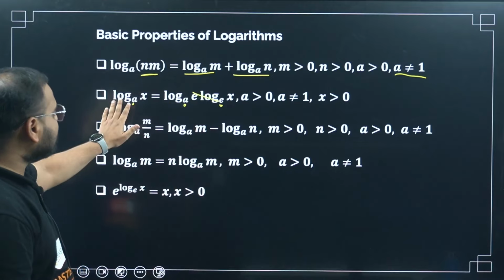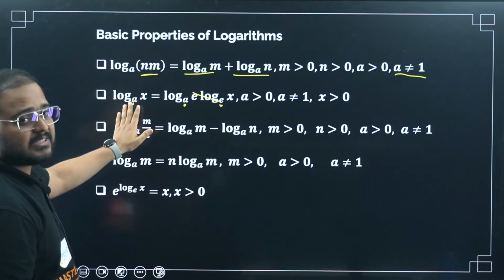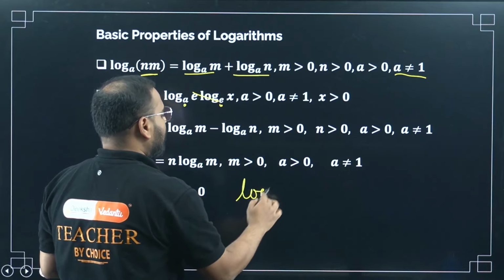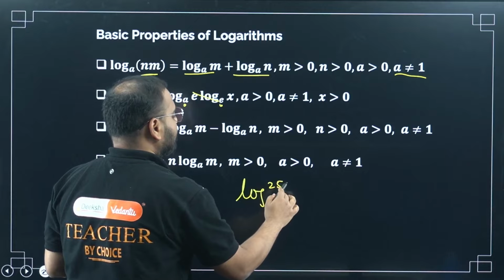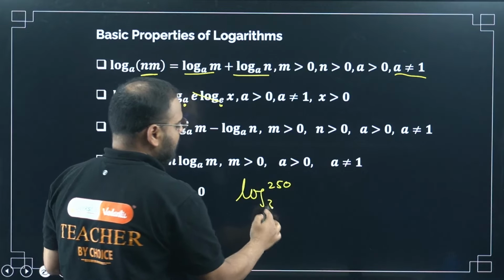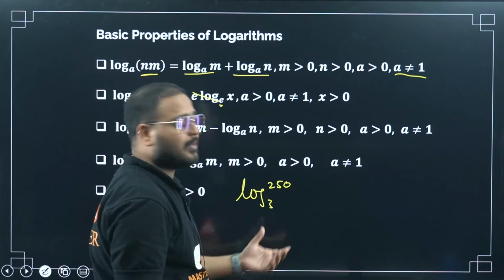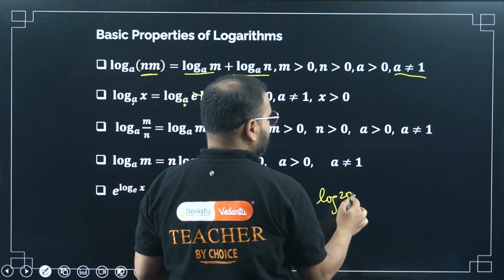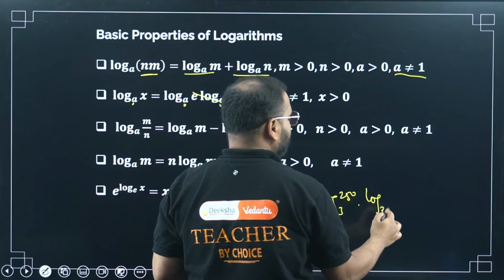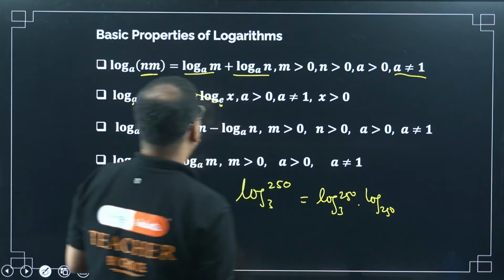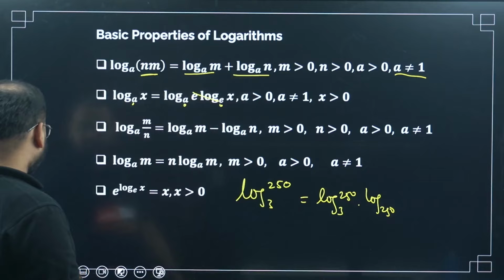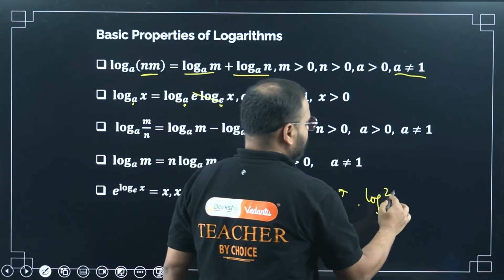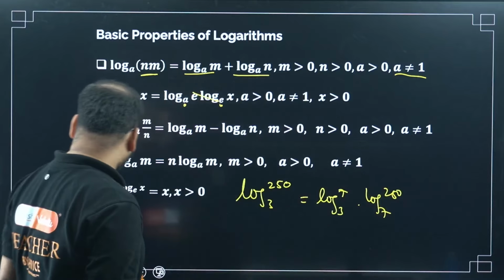I can rewrite log x to the base A in terms of any base. If I have, let's say, log of 250 with the base 3, I can write it with any base like this: log of 7 to 250, or if you want, I can go ahead and write one more step.